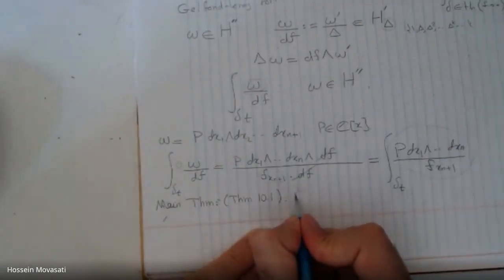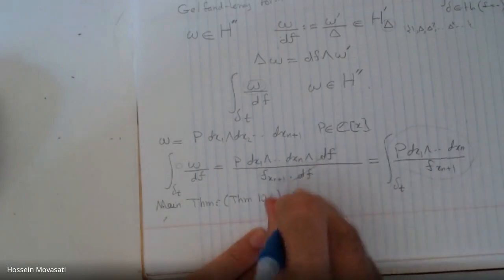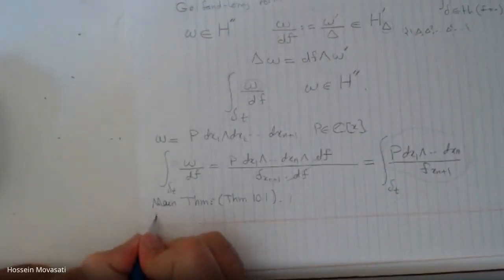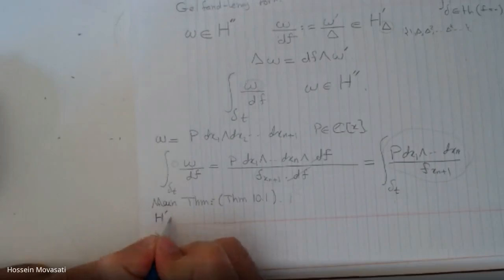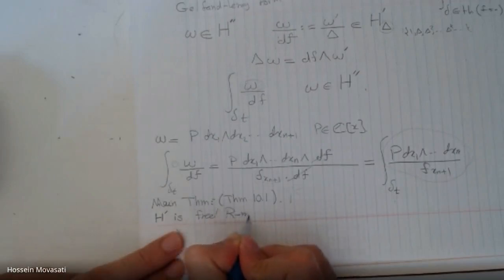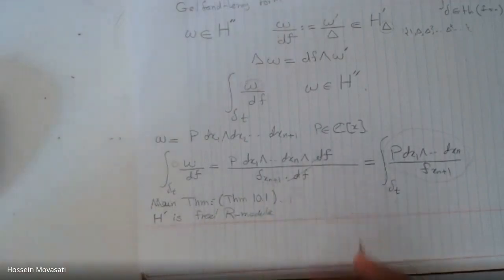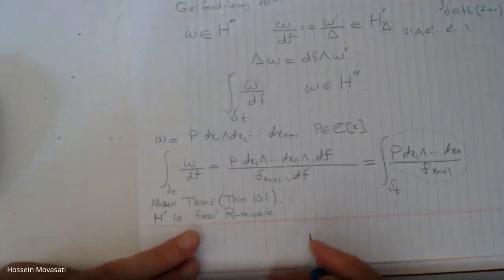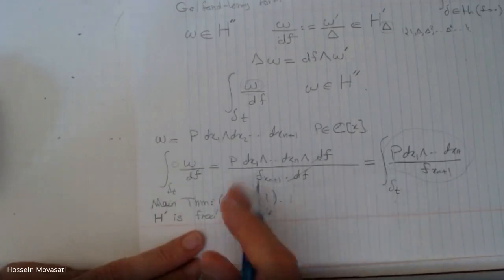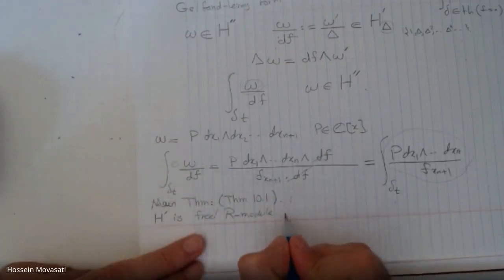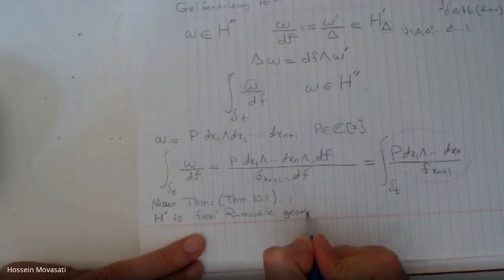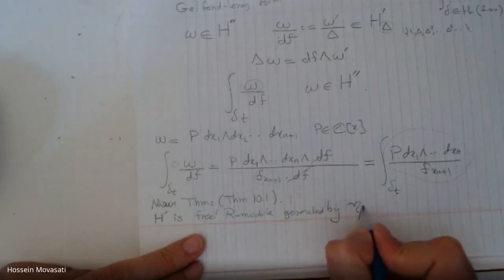So H prime is a free R module. By the definition, it's not at all clear whether they are free or finitely generated, but it turns out that is the case. A free R module generated by eta beta.